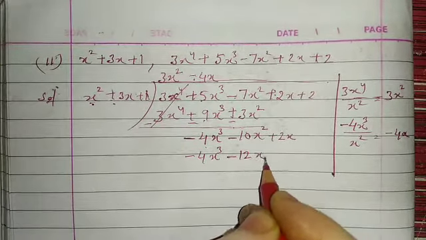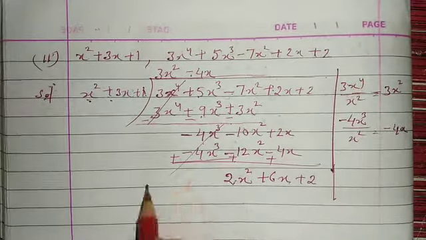Here also it will be plus. This term will be 0. This is plus and this is minus, so you do subtraction. This is equal to 2x square, and here also it is plus, and both numbers are positive, so we can add them, 6x. And what is left? Plus 2.